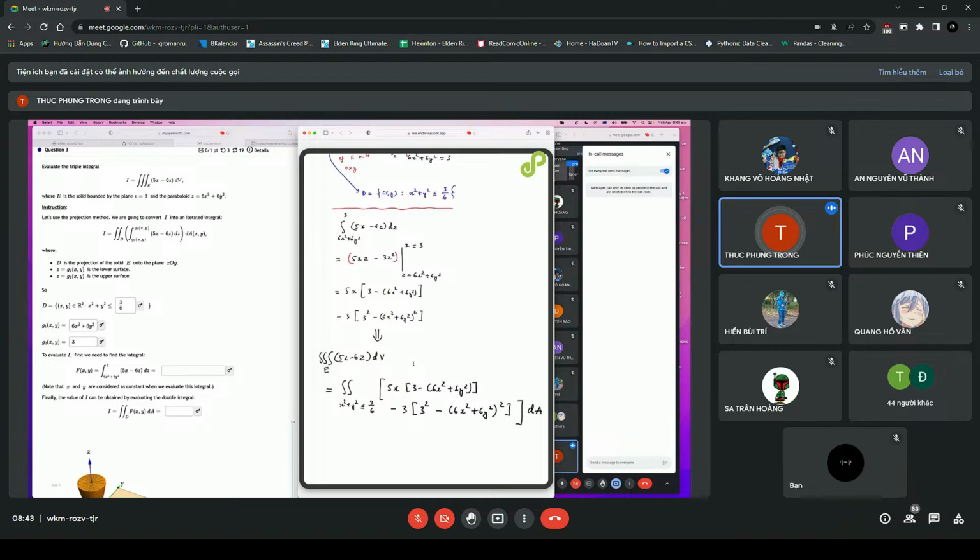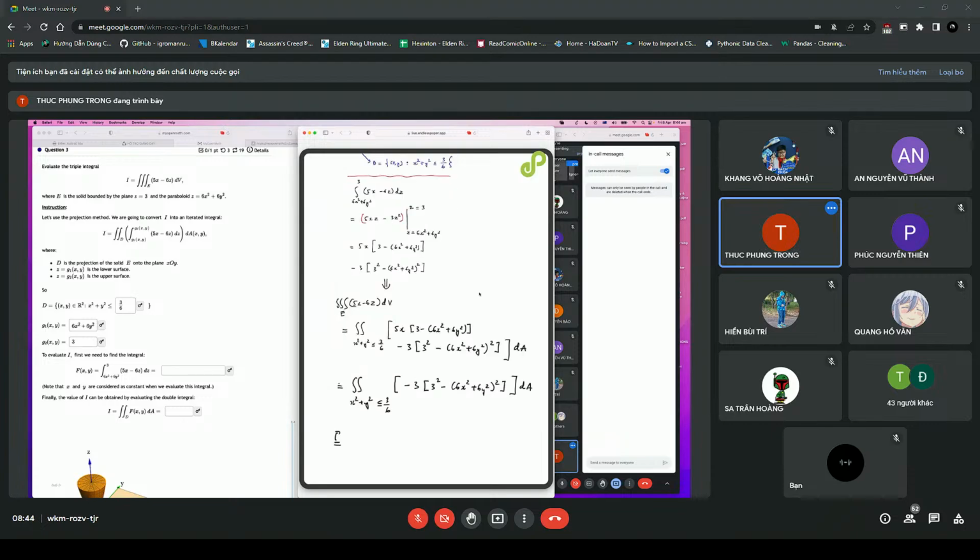Maybe I write something right here in case you don't know what it is: the symmetric property. Let me write it better. And let's say polar.